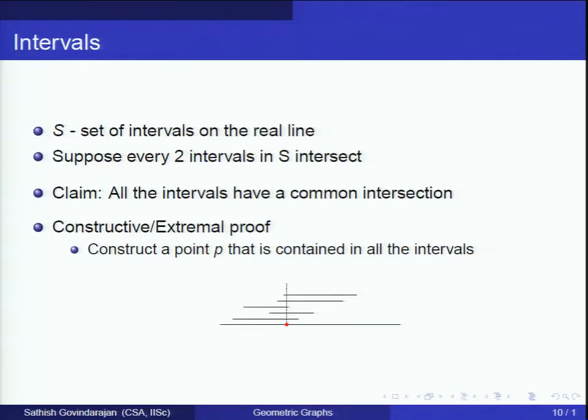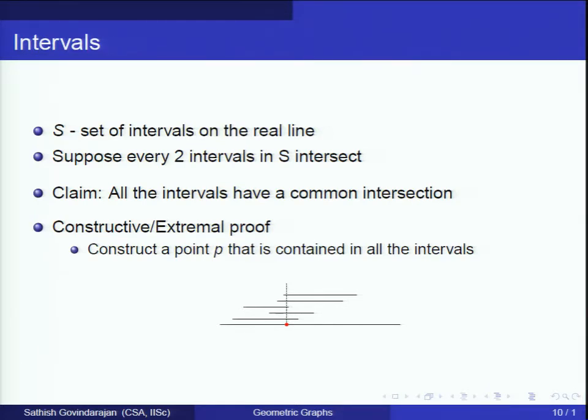And that's my goal. Given the intervals, somehow I want to define this red point on the real line and prove that that point is present in all the intervals. If I do that, I am done. I have proved it. Now, how do I find this red point is the question. That's the crucial thing left in the proof.